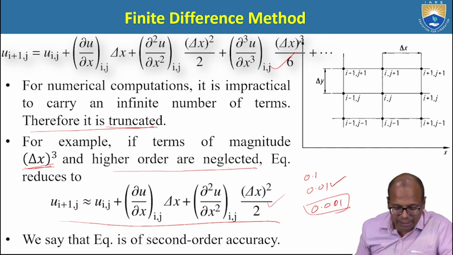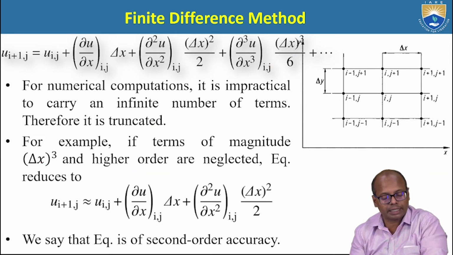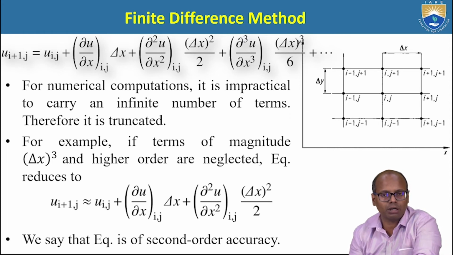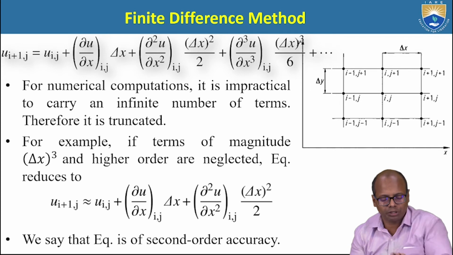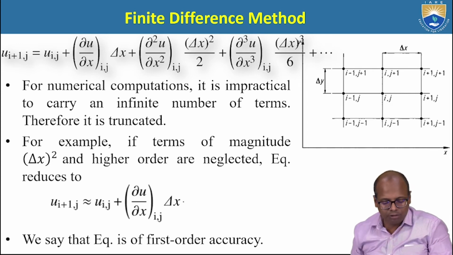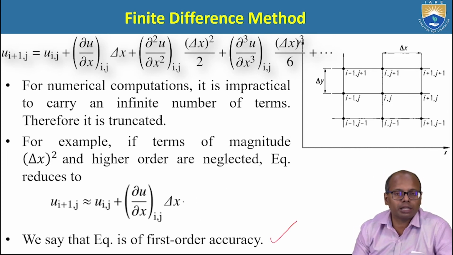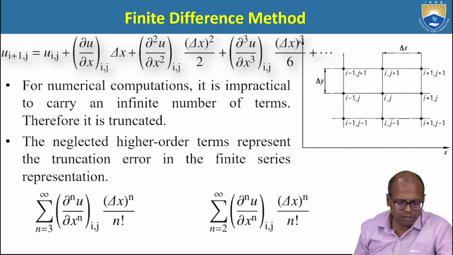So if I neglect this term also, we neglected the third order term, we got the second order accuracy. Now if I neglect the second order term, I will get the first order accuracy. So this is called the first order accurate equation.